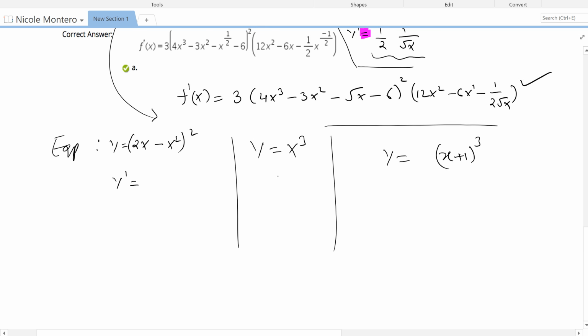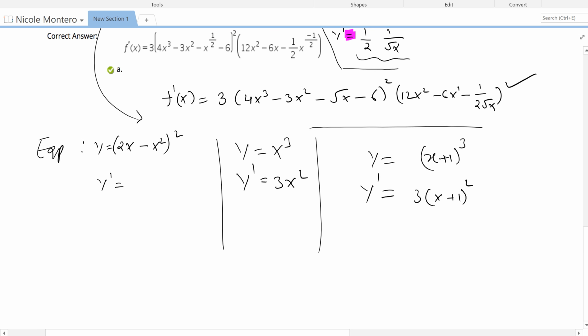The derivative of x cubed is 3x squared, right? So you bring down the power and then reduce it by 1. 3 minus 1 is 2. And now you do the derivative of inside. The derivative of inside is 1 plus 0, so that really doesn't make any difference.